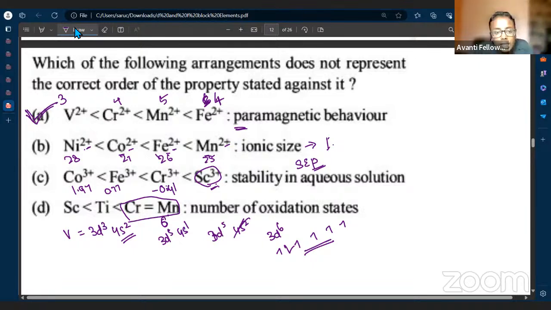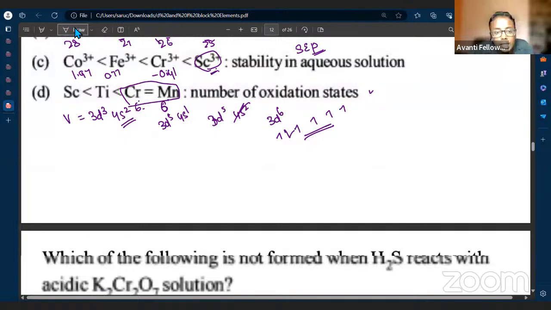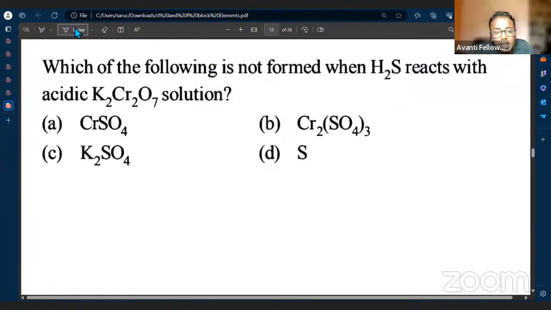Yes. So the next question: which of the following is not formed when H2S reacts with acidic K2Cr2O7? You have to write the equation for the reaction of potassium dichromate and H2S, and when you write it, you'll get the answer.